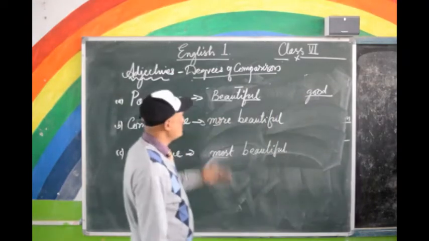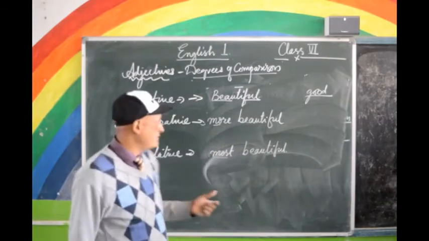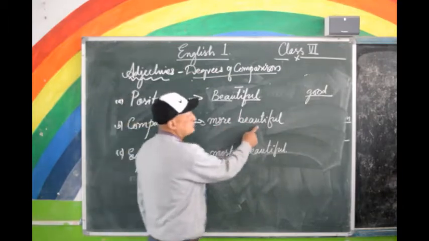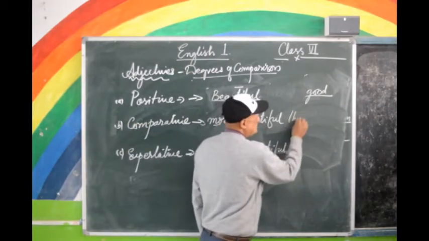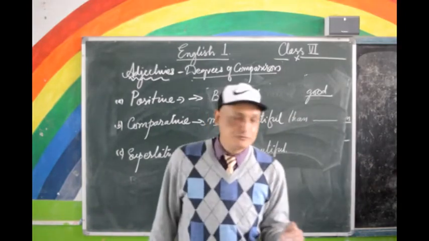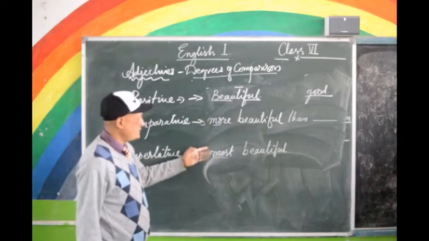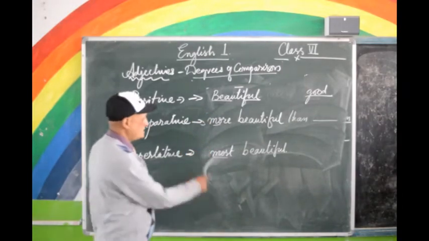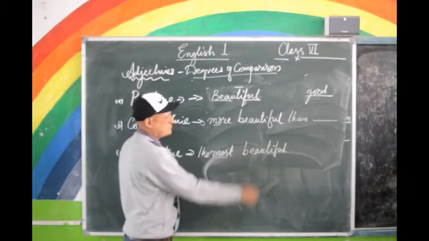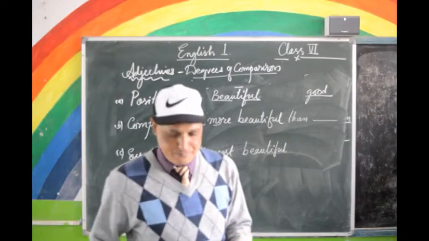So our example was, this picture is beautiful. In the comparative degree, we have this picture is more beautiful than the other. In the superlative degree, we make use of most. This picture is the most beautiful, or this is the most beautiful picture.